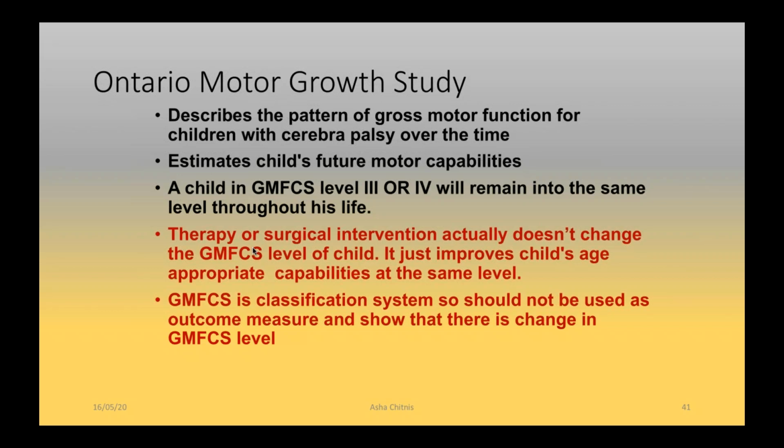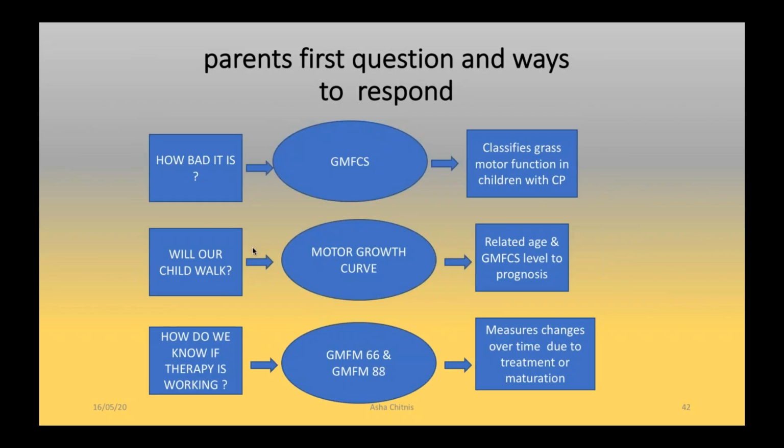I like this. I always come and talk to parents with therapy for any other special investigations. How bad it is, GMFCS will tell you. Will our child walk? These motor growth scores will tell you. And how do you know therapy is working? Use these scores or any other outcome measures that will measure time for change. I really like this.